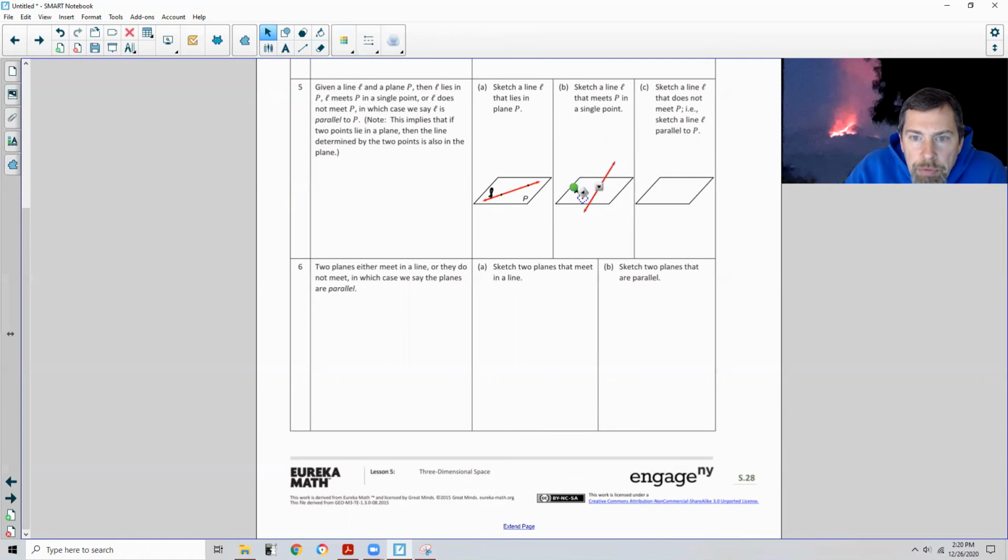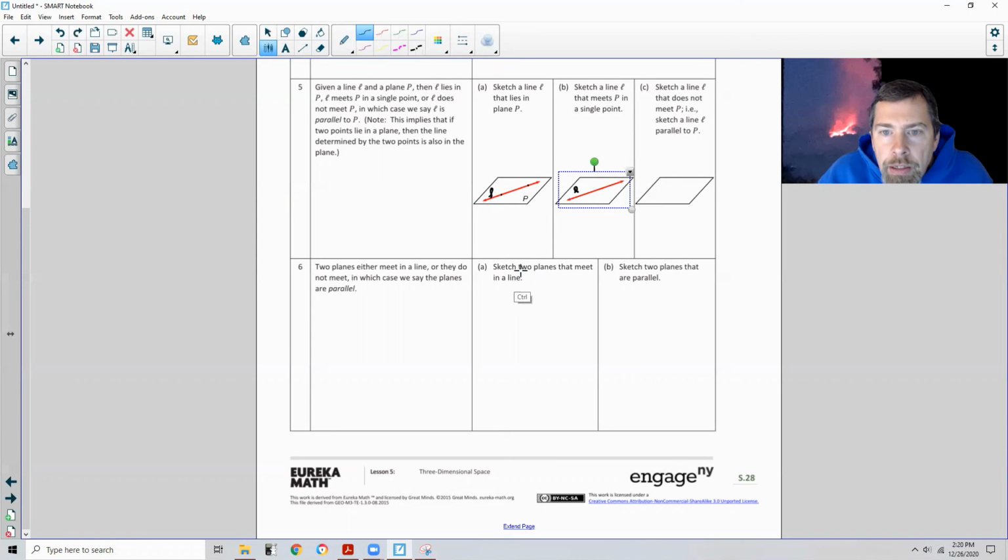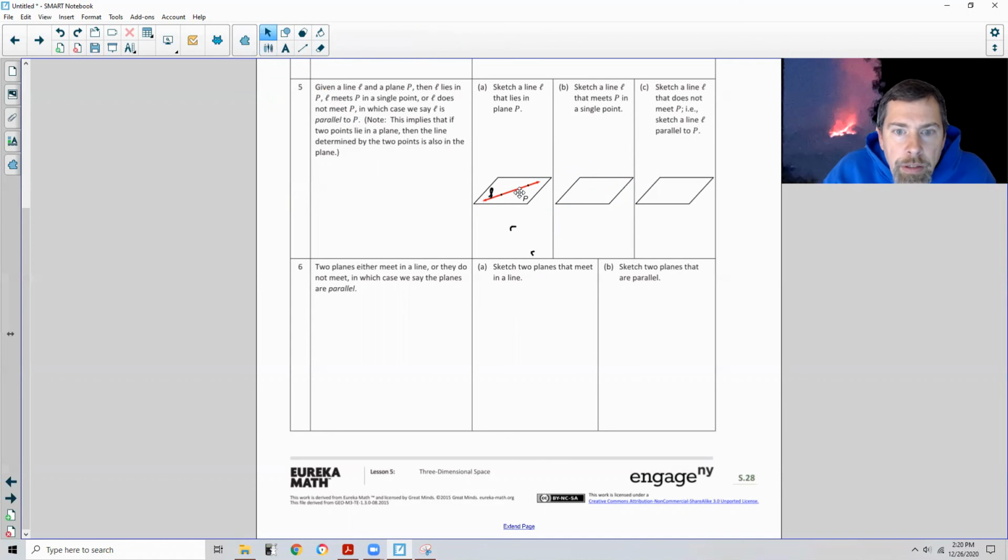So now let's move this point. Actually, let's delete it. Try that again. Control C, V, there we go. No, I don't want that dot. Okay, it's giving me that same dot that's not on the line. So let me just do it a different way. Let me just draw it.